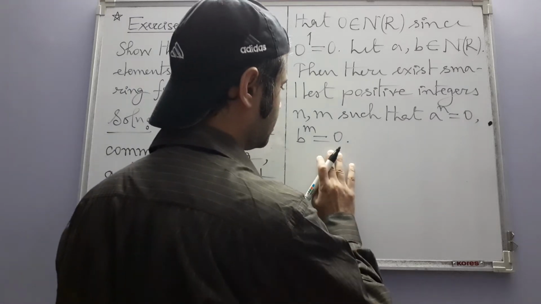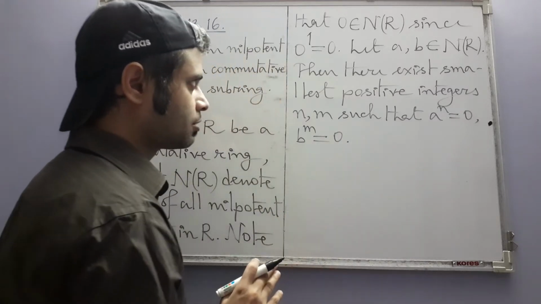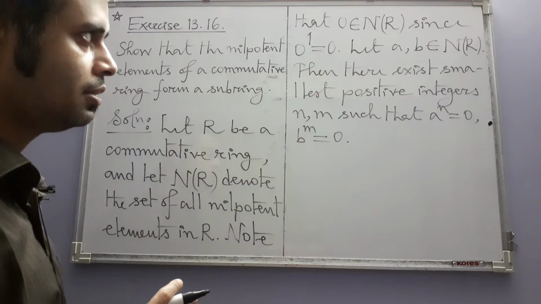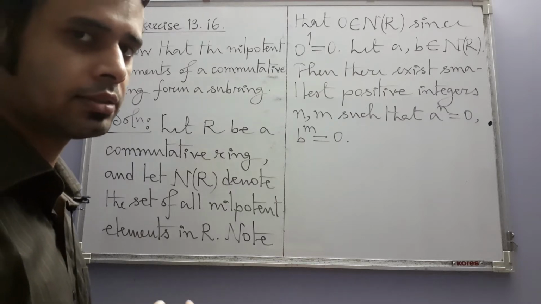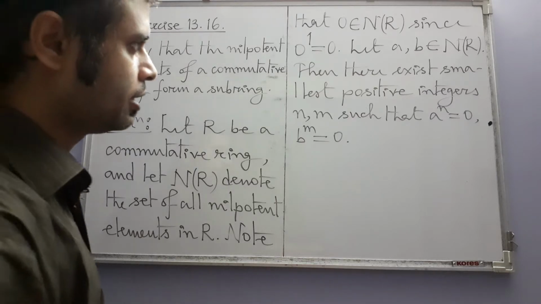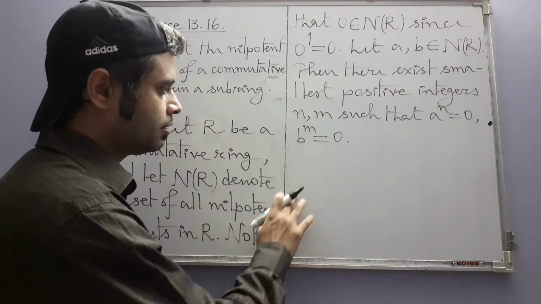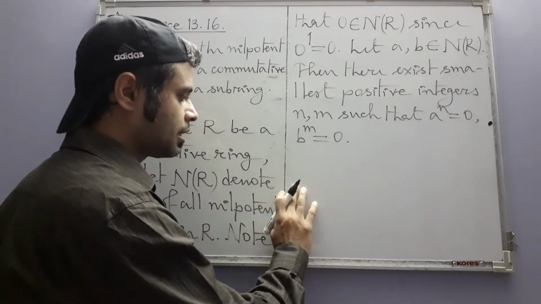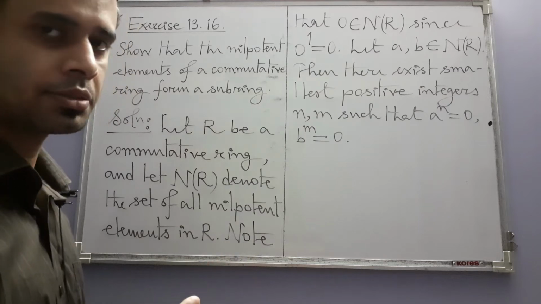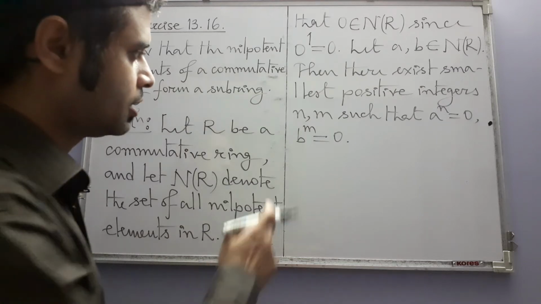So now our aim is to first of all show that the sum A plus B is again in N of R, that is A plus B is also a nilpotent element. In order to show that, we have to prove that some positive integral power of A plus B also equals 0, just like these ones.